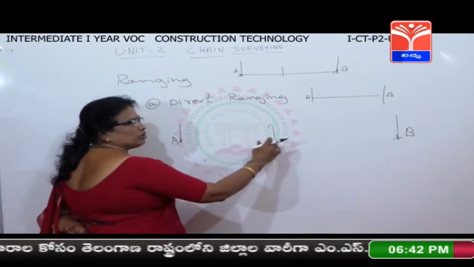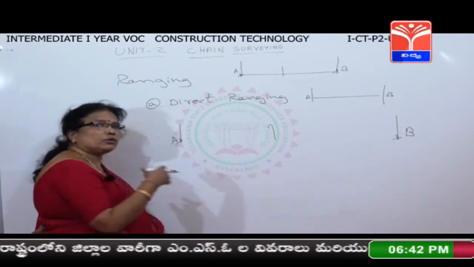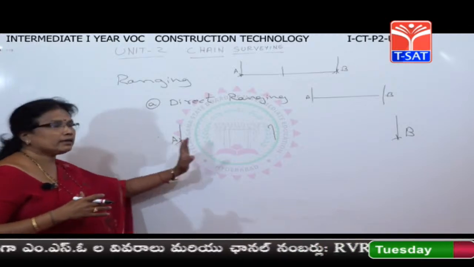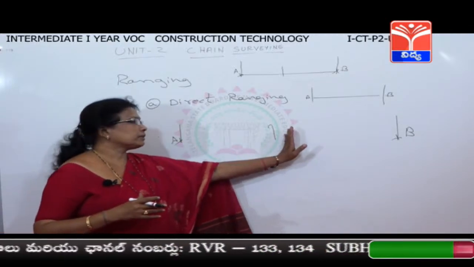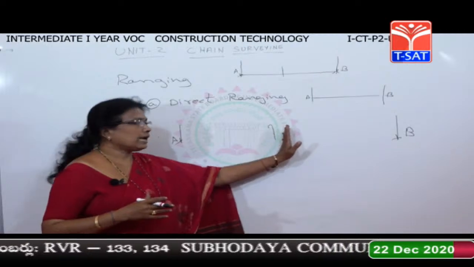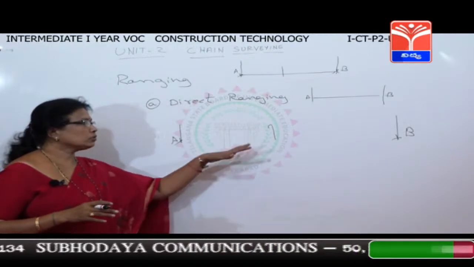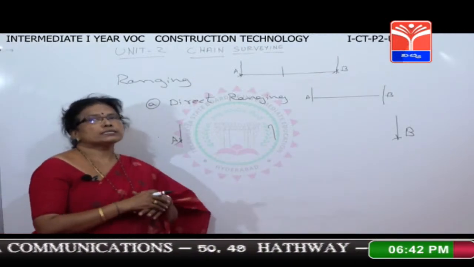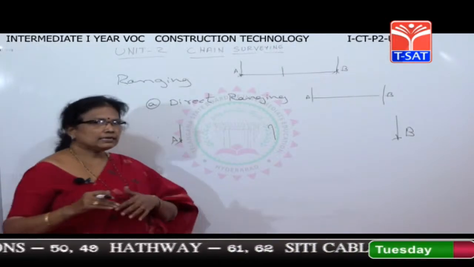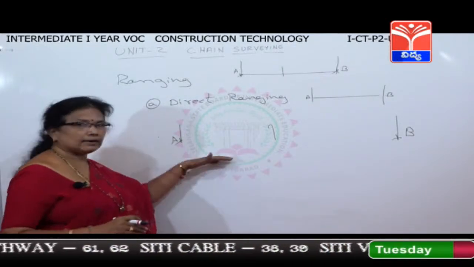If the distance is more than 50 meters or so, you cannot hear. The person standing here cannot hear the sound of the person standing there. So that time you have to follow a few signals on the ground. Those signals I will tell you after this class.